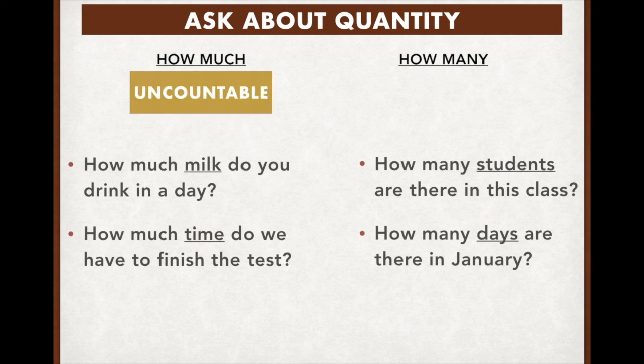So how much is used for uncountable nouns, and on the other side we have how many students. You see the s for the plural. How many days, it's plural. We can count 1 day, 2 days, 3 days, one student, two students. So how many is used for countable nouns, okay? You may already know this topic, but again, it's good that you practice, okay?